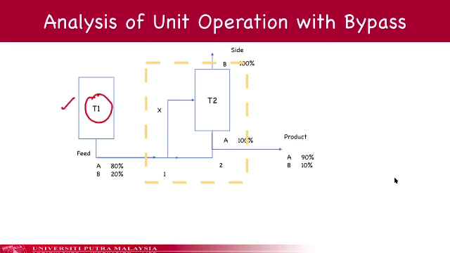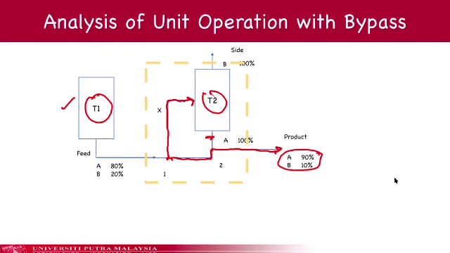It goes into tower 2. Some fraction of the feed is sent to tower 2. Some fraction is bypassed so that it meets with the product from tower 2 to make sure that it meets the client specification of A to be 90% and B 10%.